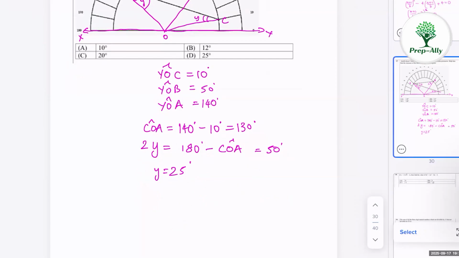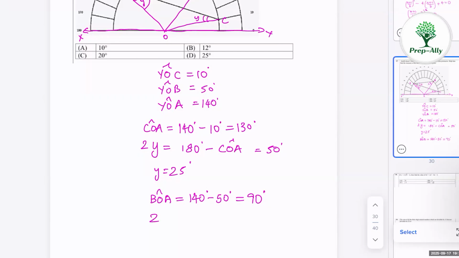And similarly, for z in this triangle AOB, we have angle BOA equals 140 degrees minus 50 degrees, which is 90.